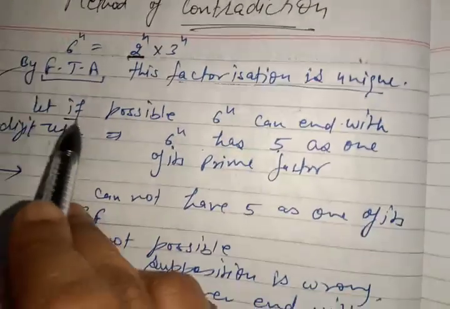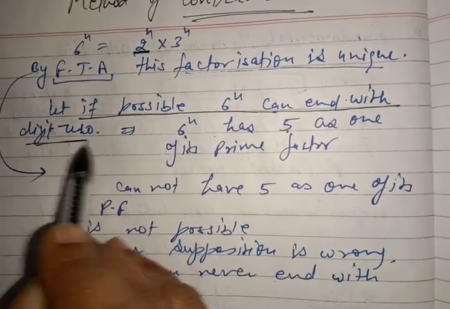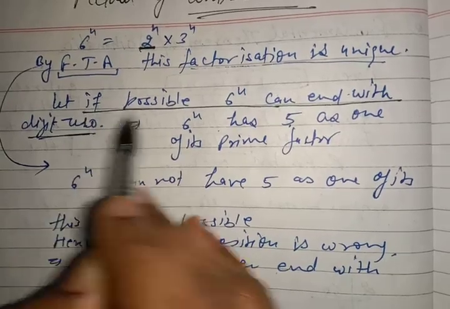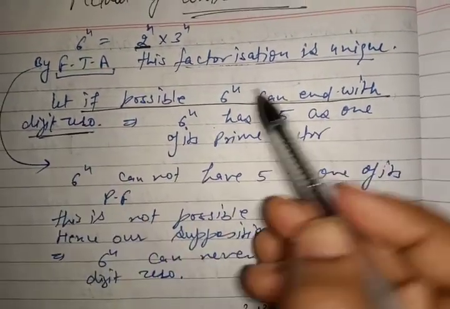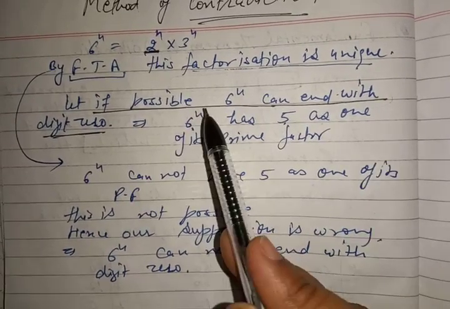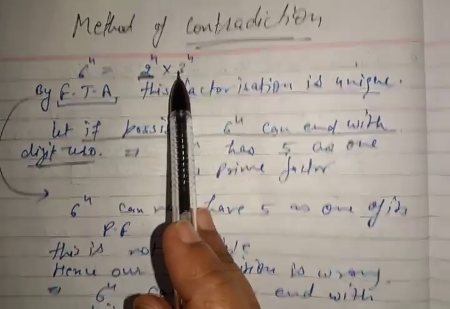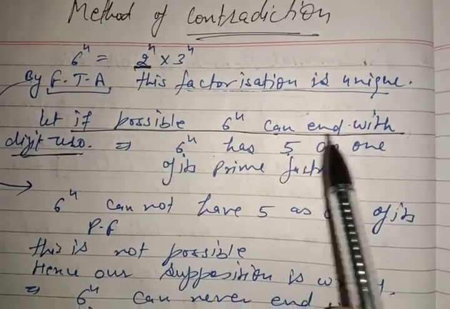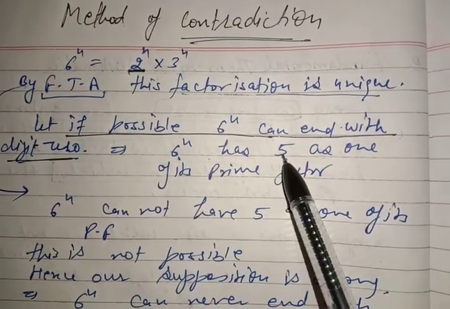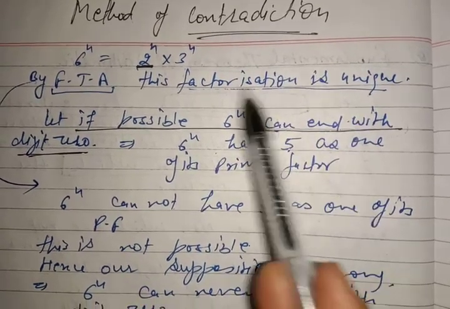We have supposed the wrong thing, that 6n can end with 0, and when we move further in the question we get a wrong thing, because the fundamental theorem says it has only 2 factors, 2 and 3, and by supposition we are getting 5 also as its factor, which is not possible. This method is known as contradiction.